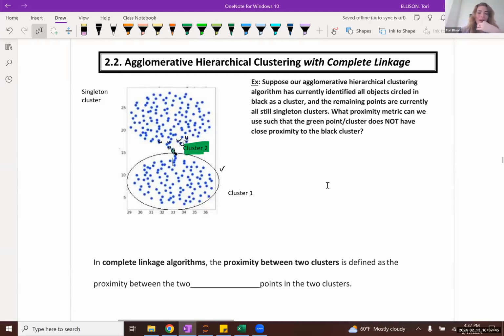So we want to think about what kind of linkage function, or what way to measure the distance between two clusters, would make it such that the green cluster and this black cluster are considered further apart from each other than, let's say, this green cluster and this purple cluster here.